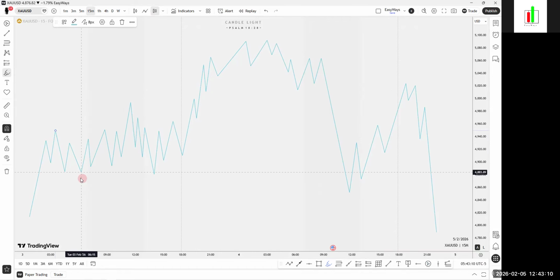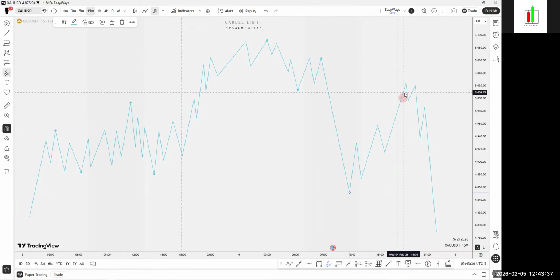And then this would be a swing low. This would have been a swing high, but it's not followed by a swing low. So we have a swing high there, and then a swing low. And then we get a swing high up there, and a low.